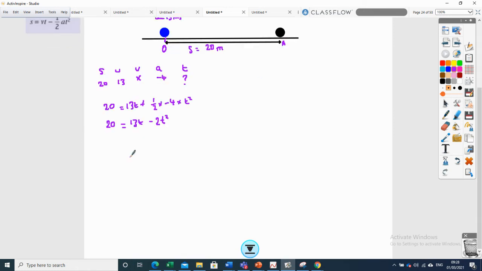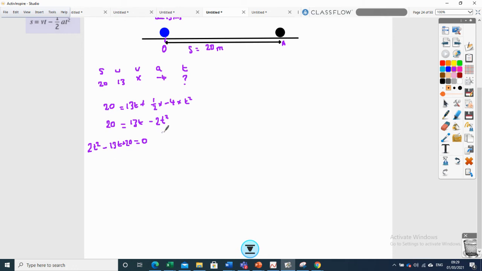So we need to rearrange it so it's equal to 0. So we're going to have 2t squared minus 13t plus 20 equals 0. And then, can you factorise it?